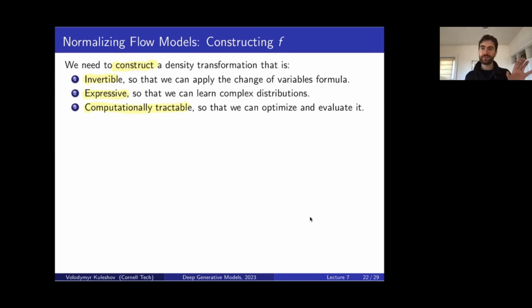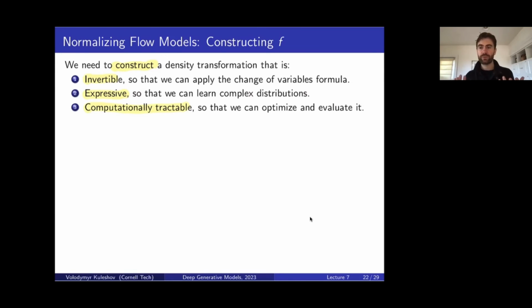In the previous set of models that we have seen, in particular in variational autoencoders, we don't have any restriction at all on what the generator and what the encoder can be.